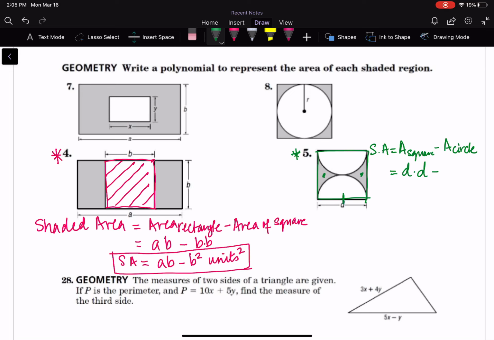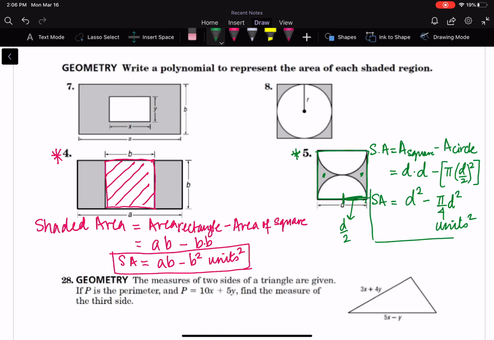And half of this is the radius. So the radius is d over 2. So pi times d over 2 squared, pi r squared. Shaded area equals d squared minus pi over 4 d squared unit square. And that's it.